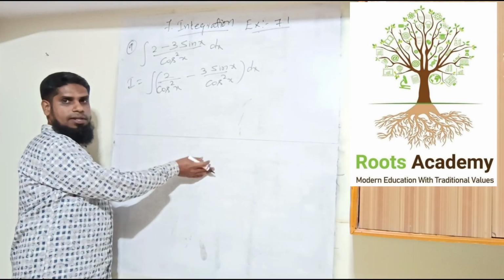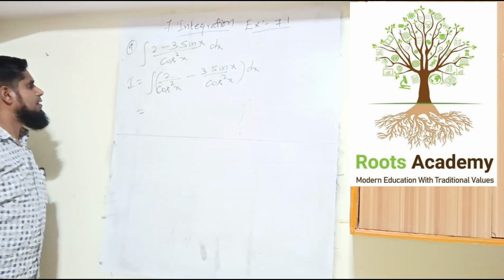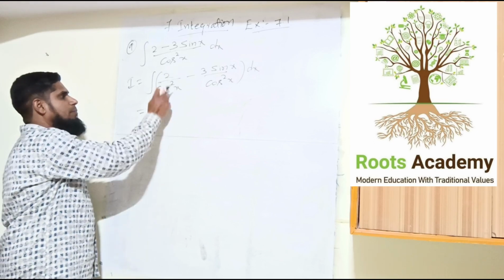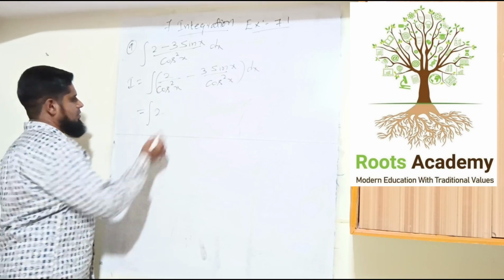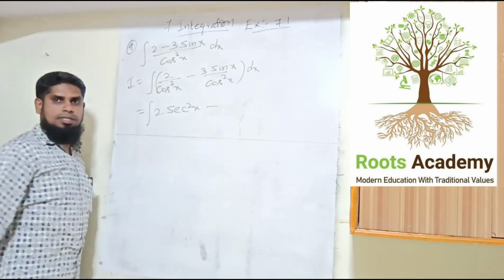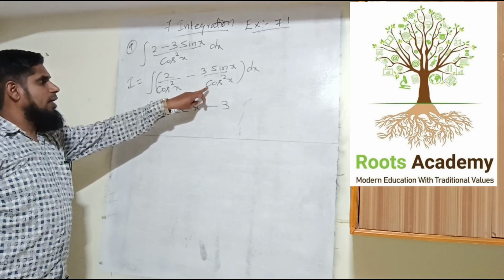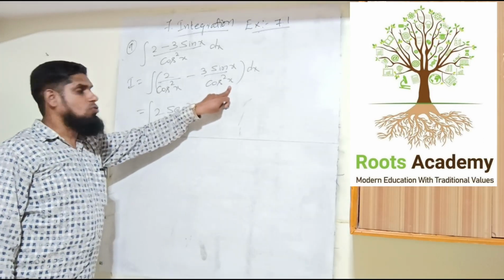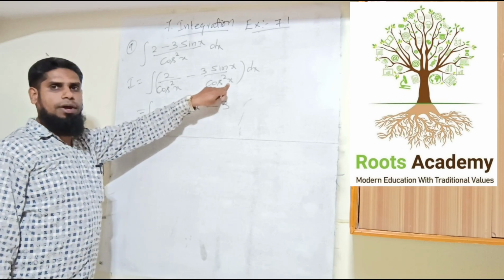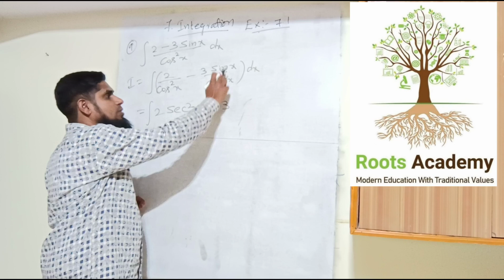After this, as we applied trigonometry in the last problem, similar trigonometry will apply here. Integral of 2, as it is, 1 by cos square is secant square x, minus 3. Cos is twice in the denominator, that's why it is cos square. Sin exists in the numerator only 1 time.